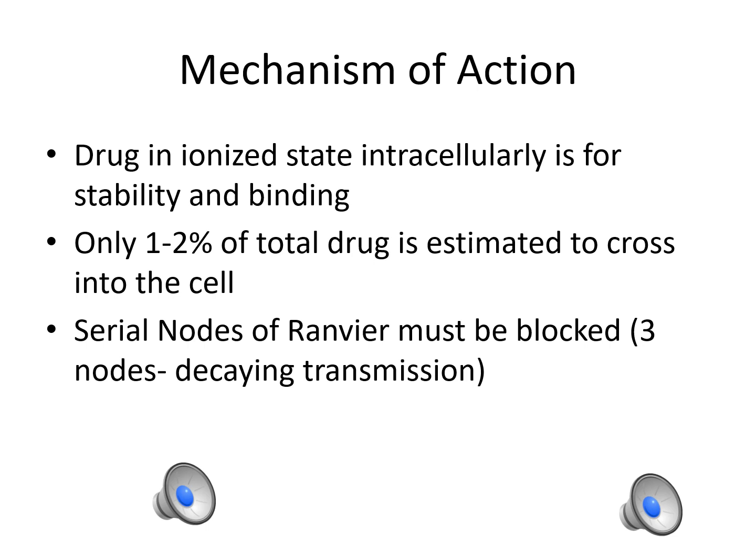When 3 or more nodes are blocked, decaying the transmission, this is what they refer to as serial nodes of Ranvier being blocked. If the local anesthetic is acting on unmyelinated nerve, it is thought that a greater length of that nerve needs to be acted on by local anesthetic to impede that impulse or action potential from progressing.